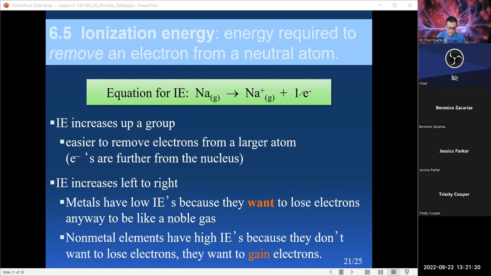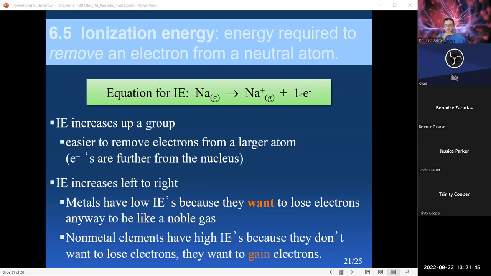Furthermore, nonmetals have a tendency to have a higher ionization energy. Why? Because, I apologize, nonmetals want to gain electrons.